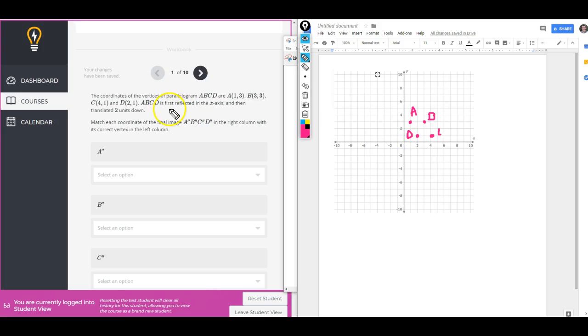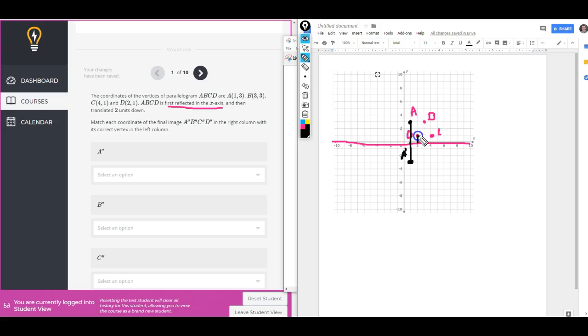Then it says it's first reflected in the x-axis, so I would mark my x-axis, and this is how I would reflect it. A is 1, 2, 3 units away from the x-axis, so on the exact opposite side it'll be 3 units away. So this is A prime.